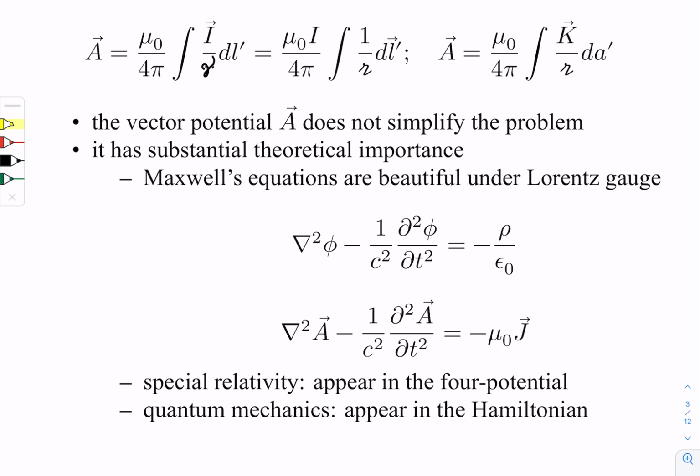So the number simplifies the E field tremendously. Here we don't have that privilege, because the potential still has three numbers and is a vector. So it doesn't really help us too much when we try to solve magnetostatic problems.